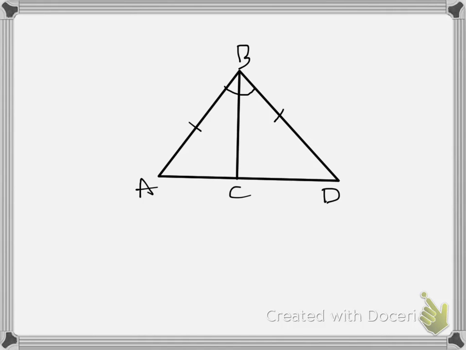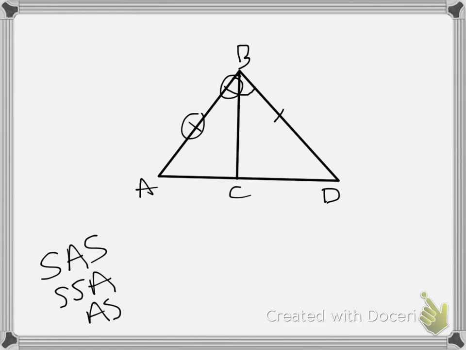Okay, this one, it looks like we have a side and an angle. So my options here are either SAS, SSA, or I guess ASA, because we have to have at least a side. If I have a side and an angle that are congruent, I either need another side to make it SAS, or I need another angle. Since they share BC, we could use the reflexive property, BC is congruent to BC, since they share that same side.